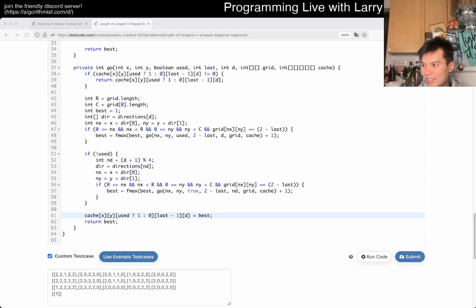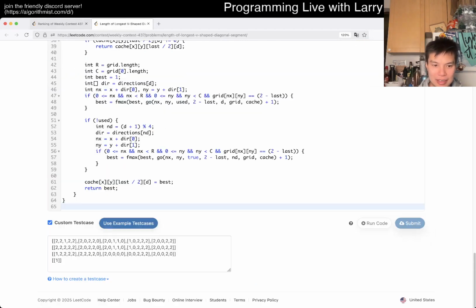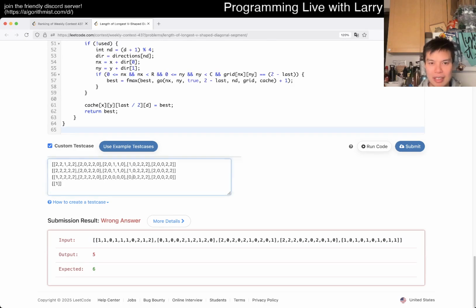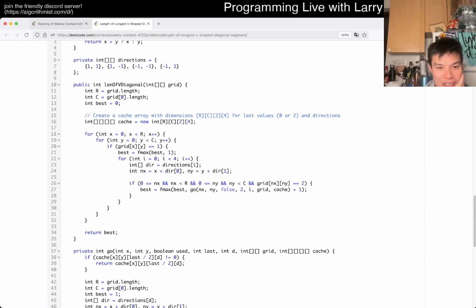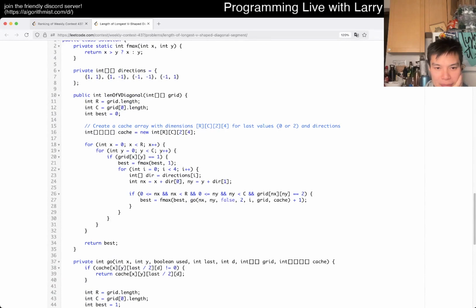Kind of funny, actually. This is the time where if I actually did do it this way, it would have been really sad. Let's see if this is fast enough. Ooh, wrong answer. I mean, it's kind of funny because I didn't really look at this code, so it's possible that it's just doing crazy things, right?